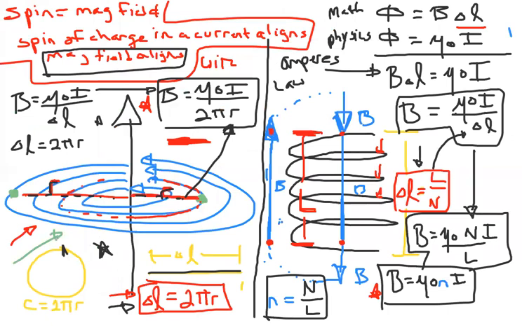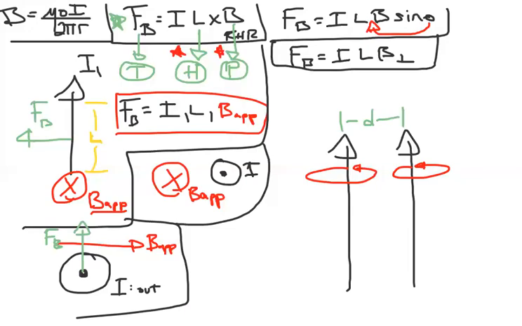So there's going to be a point where the B field from those wires are going to directly interact perpendicular with each other. Like I1's B field, which would be B1, is going to interact with I2, and B2 is going to interact with I1.